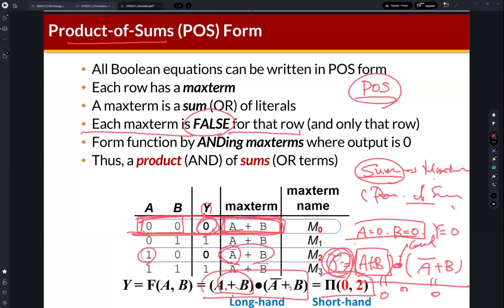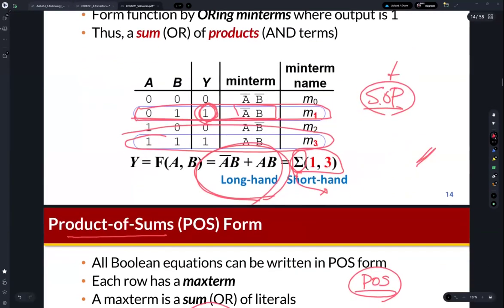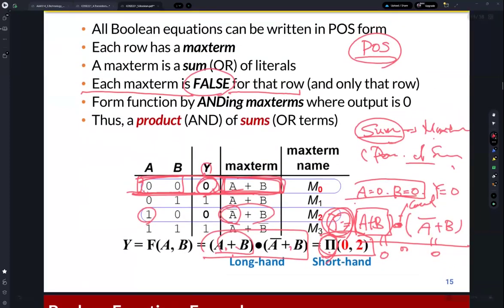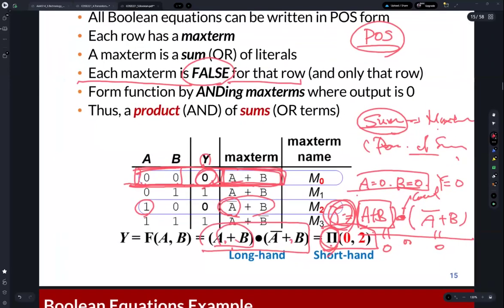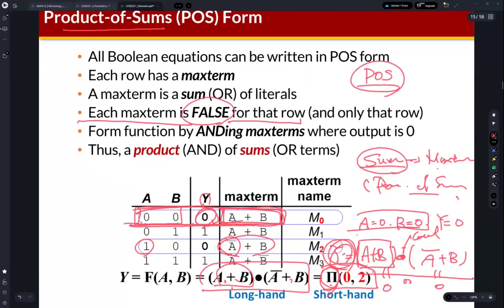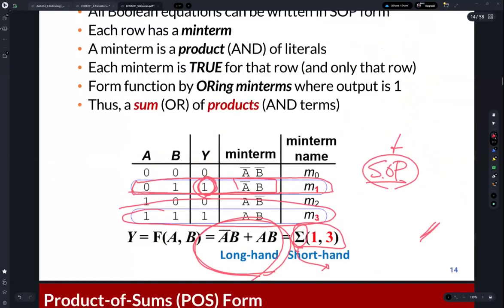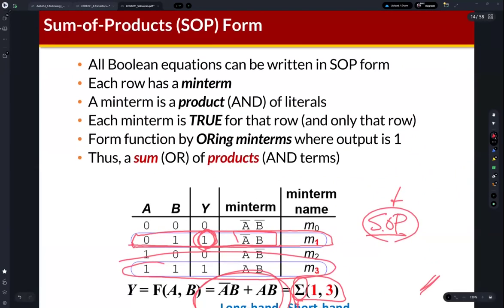So this is the product. The capital pi represents the product, and this is the capital sigma. Sigma represents the sum. So it's the product of sums form. Okay. Also, all Boolean equations can be written in POS, product of sums form, but I believe you can intuitively understand the sum of products form.